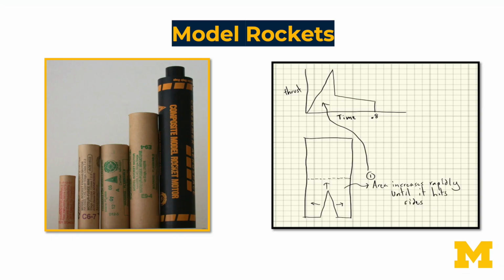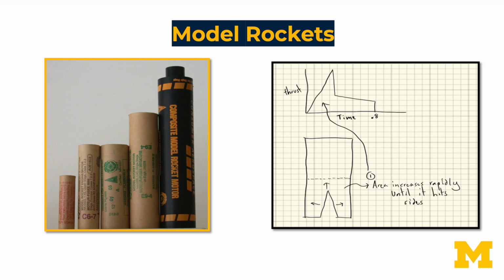Model rockets, which many people have seen, have both a progressive burn and what's called a neutral burn. If you look at the bottom of this model rocket, it looks like there's a hole that may go all the way through, but the hole actually only goes a little bit into there, and it's triangle shaped. Initially, that hole increases in size, so you get the thrust that increases, you get a progressive burn.